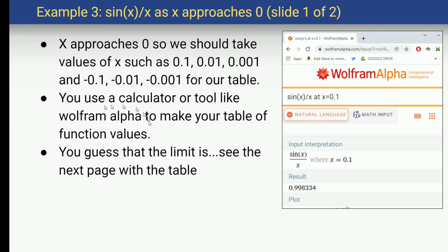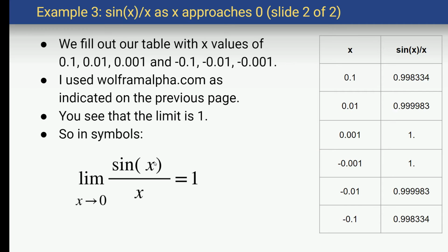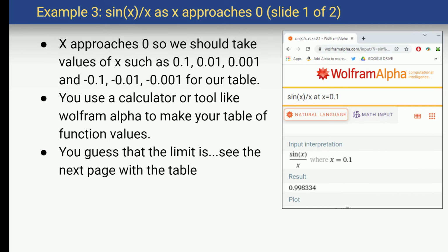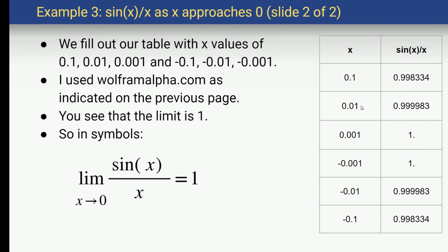We need a calculator to use. I'm going to use Wolfram Alpha. You can see that I've got a screenshot there. And then we're going to guess at what the limit is. So I've got my table of values right here.